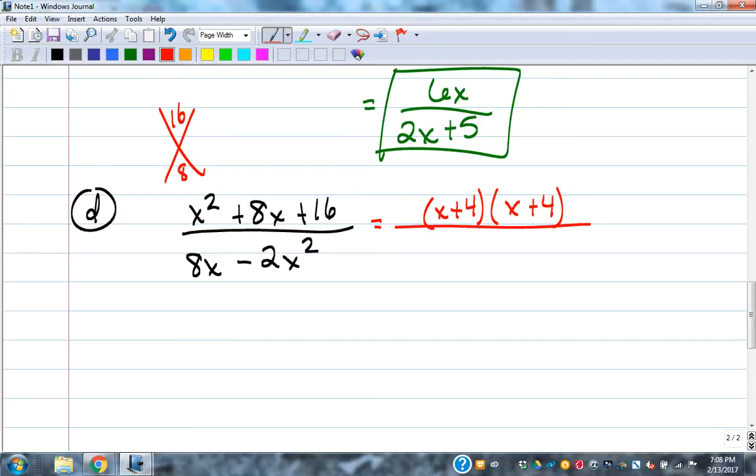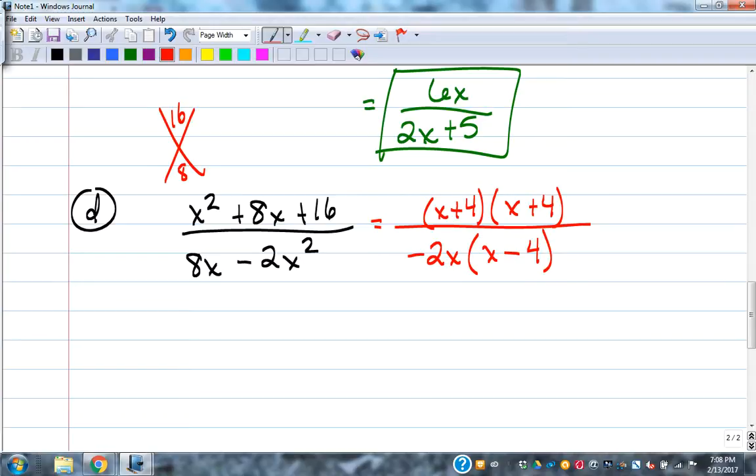I'm going to pull that negative with it. So that's going to be what? Plus X. Yeah, or X minus 4. We'll write it that way.